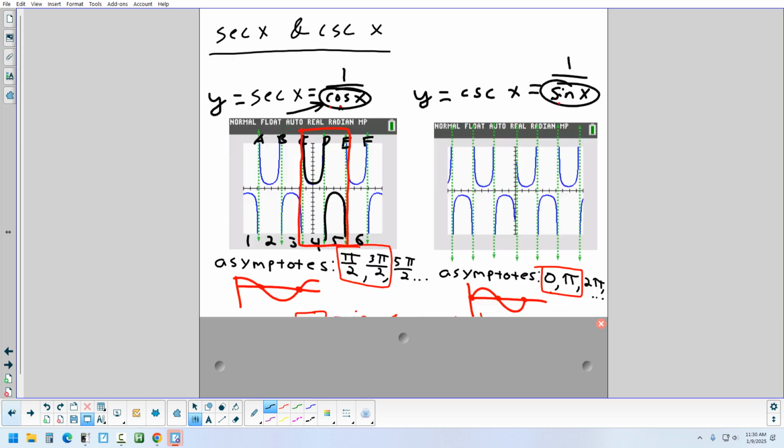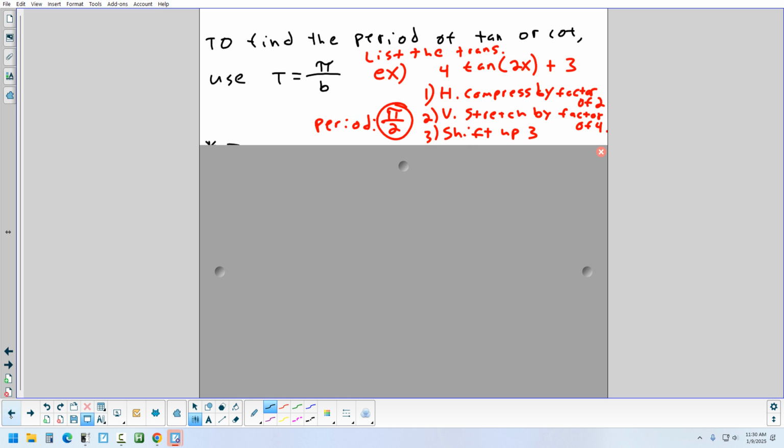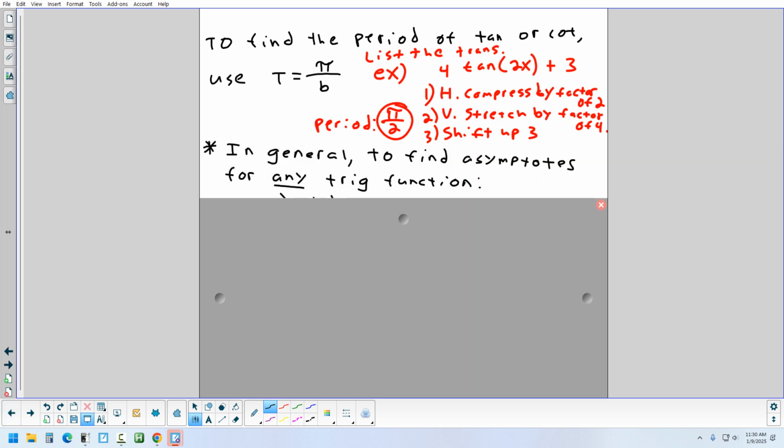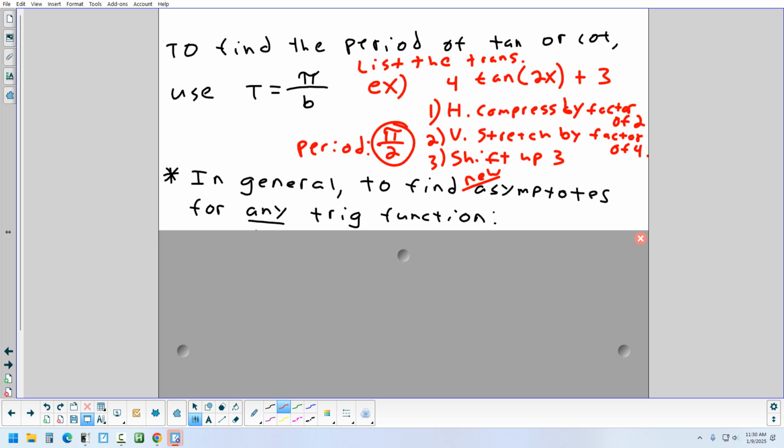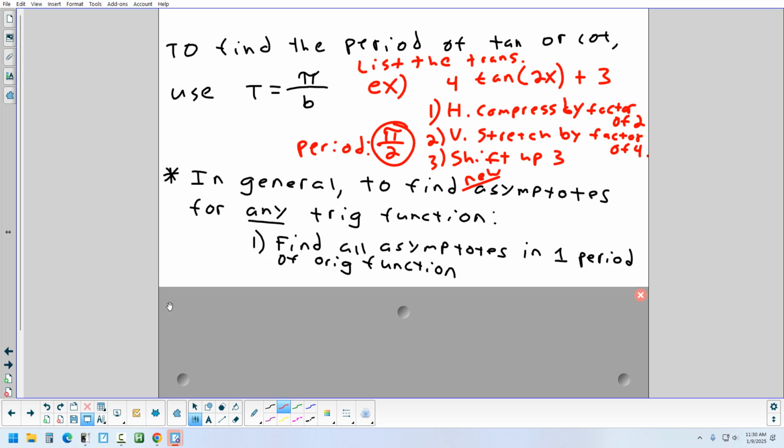Okay. Now, let me go back to what I skipped earlier, which is this. How do you find the new asymptotes for any trig function? Like I said, it works for all of them. First, you have to find all the asymptotes in one original cycle.